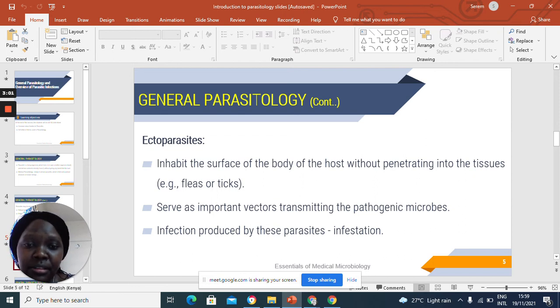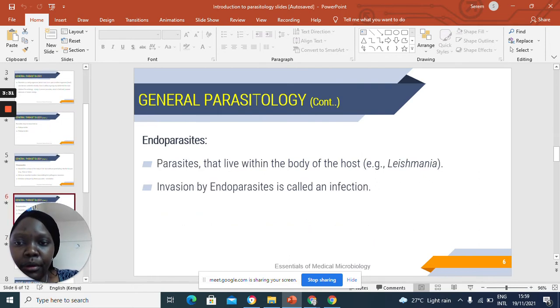Infection produced by these parasites, we term it as an infestation, depending on the number of parasites that have invaded the surface of the body of the host. When you talk about a louse, we don't call it a louse infection because most body lice inhabit the hair of the host, and so we talk about a louse infestation of the hair.